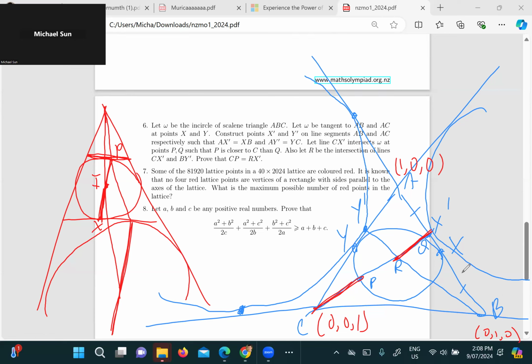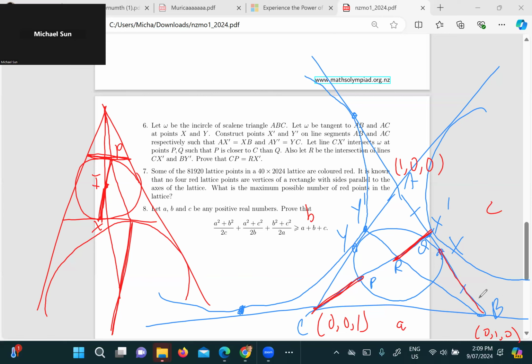Alright, so what's X? Do you know? How do we find the coordinates of X and X prime? I'm not sure. Okay, so usually we label the sides of the triangle A, B, and C, right? Do you remember what length that is here? That's equal, yeah. What's that length?